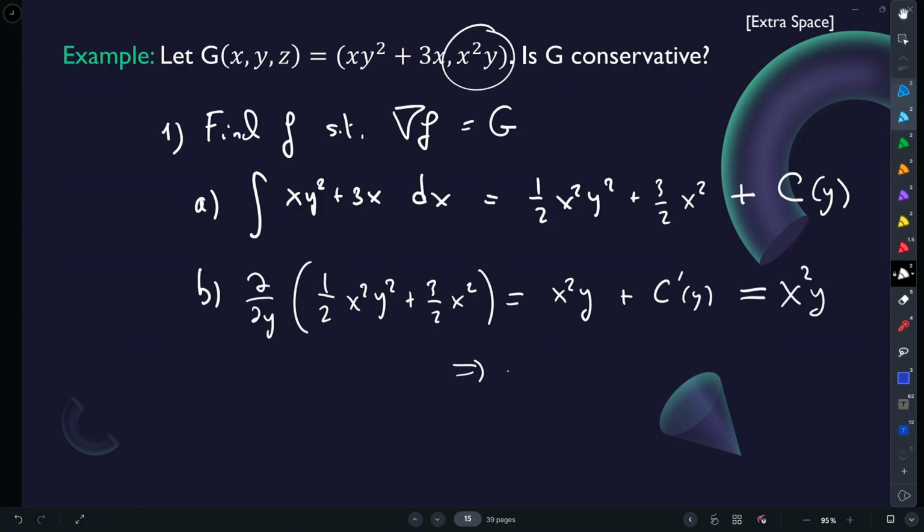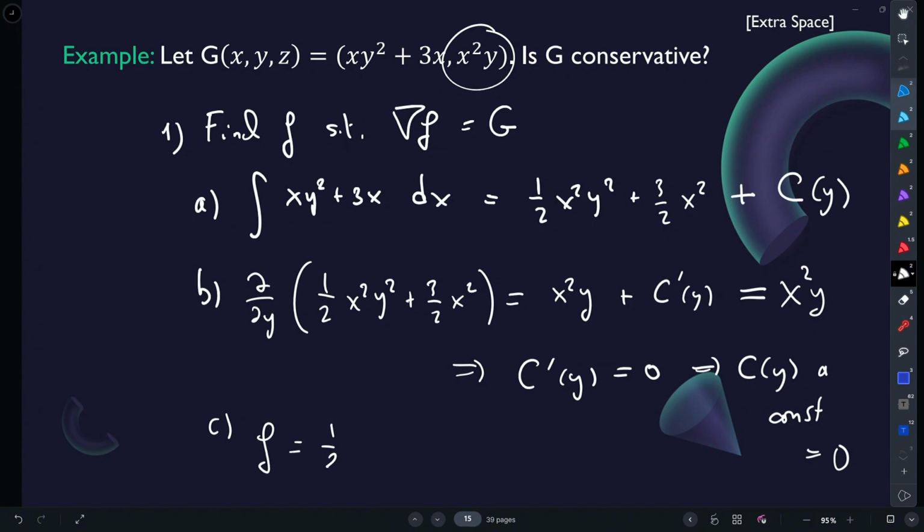So that gives me a hint of what this derivative needs to be, which is 0, and that tells me that this is a constant. So just pick it to be 0, and that tells me that the function that I was looking for was this function.